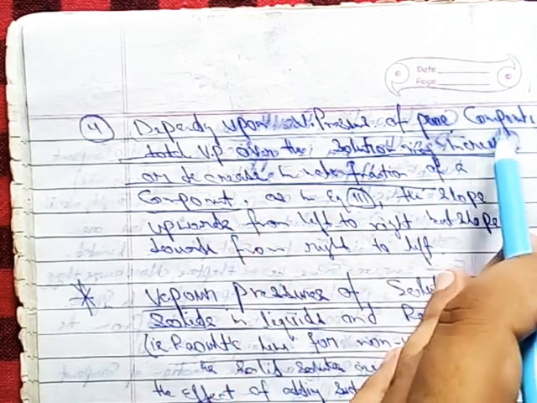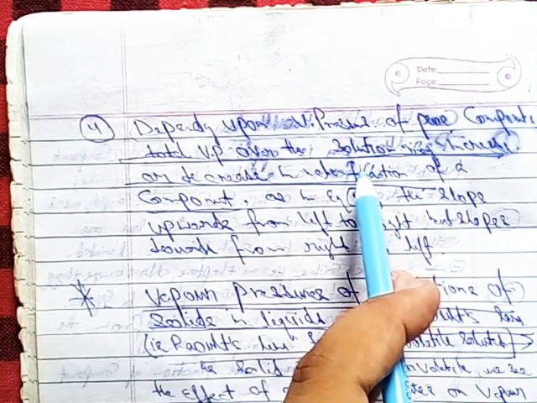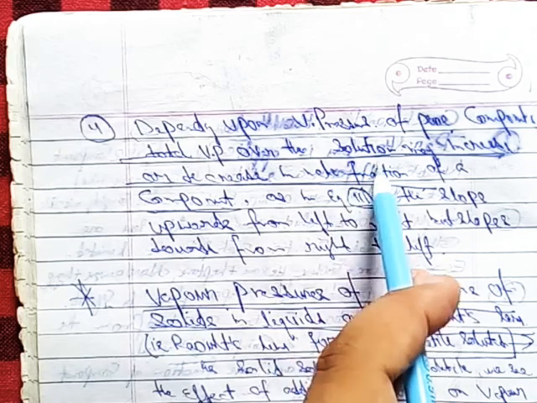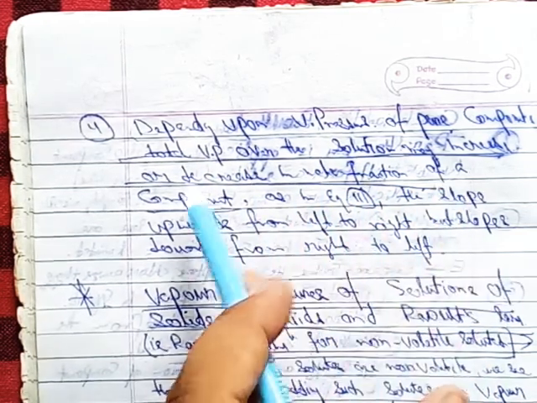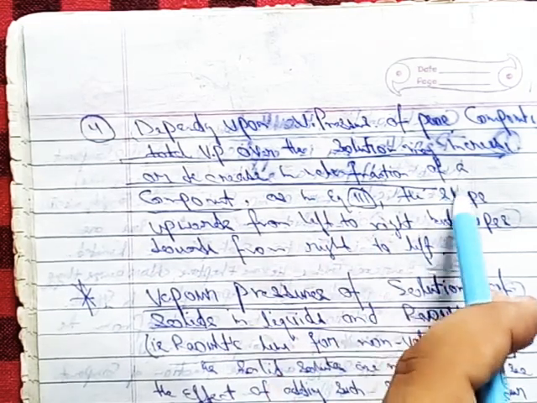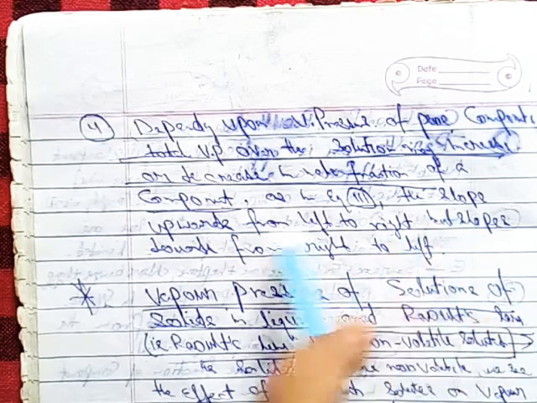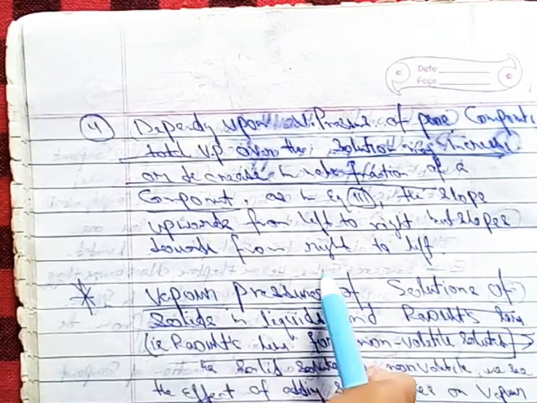So a pure component has a fixed vapor pressure, but when it is in solution, we get the vapor pressure of the component in solution. So in that case, their vapor pressure may vary. The value of total vapor pressure may vary. It may increase, it may decrease in mole fraction of a component. As shown in equation 3, the slope goes upward from left to right, but downward from right to left.